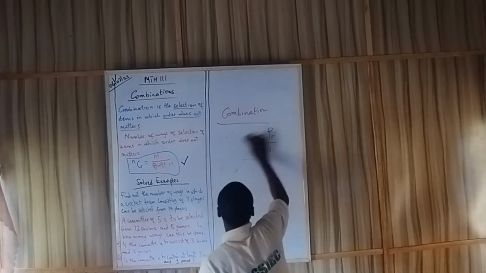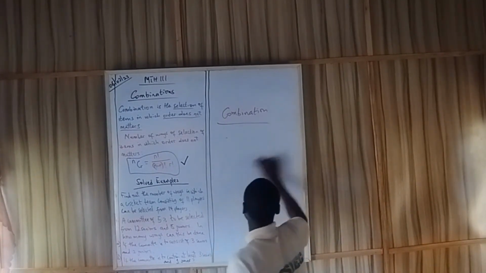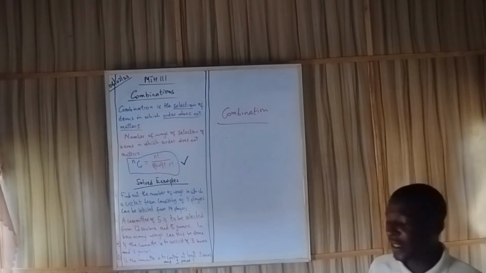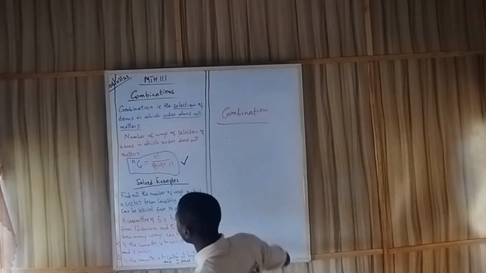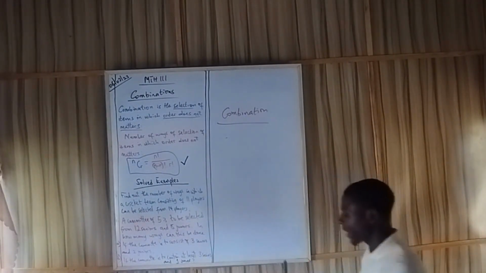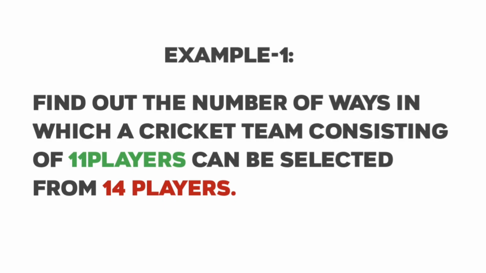But what we really want to deal with is solving problems regarding combination. So we have solved examples here. We'll be reading out the example and then we'll look at the solution together. It says: find out the number of ways in which a cricket team consisting of 11 players can be selected from 14 players.